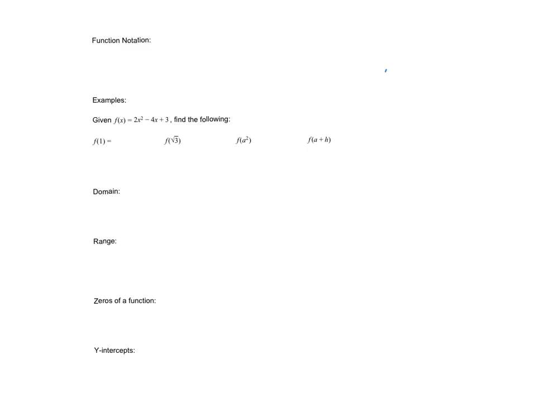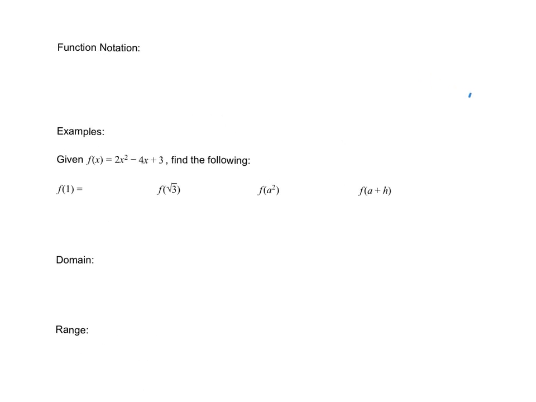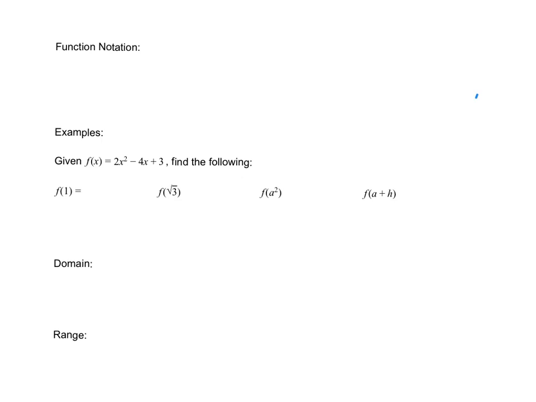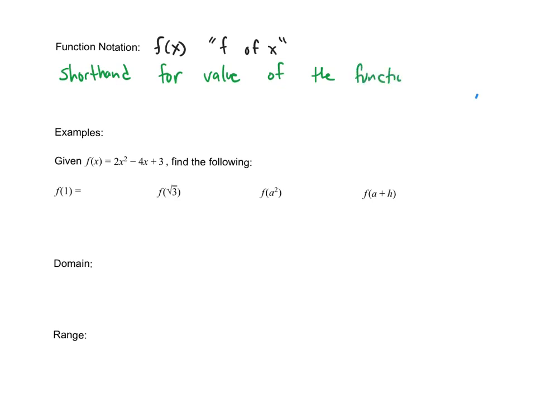Another thing we'll use a lot in calc is the idea of function notation. Now, function notation, as we've seen it before, is when you have the f and the parenthesis x. We typically call this f of x. And if you recall, really this is just shorthand for the functional value, for the value of the function at a given x value.